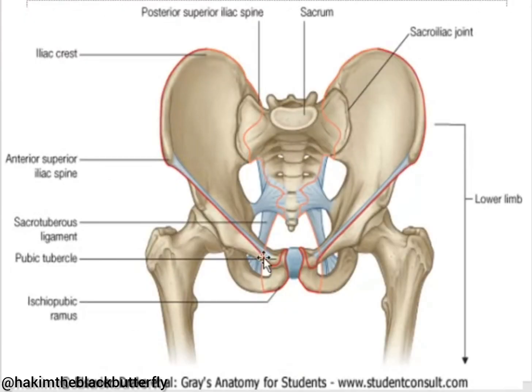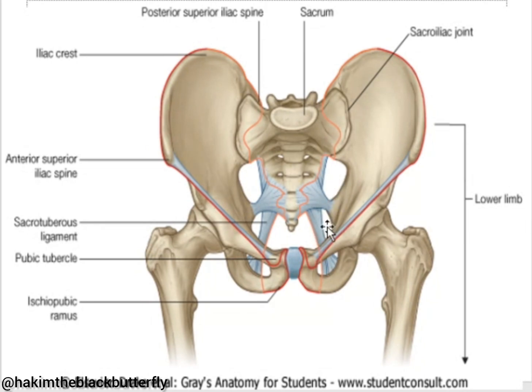So here, these ligaments, the sacrospinous between the sacrum and the ischial spine, and the sacrotuberous between the sacrum and the ischial tuberosity, convert the greater sciatic notch and the lesser sciatic notch into the greater sciatic foramen and the lesser sciatic foramen.